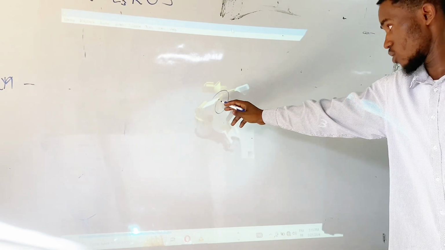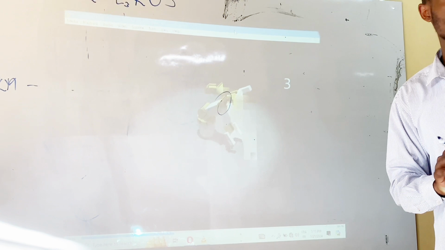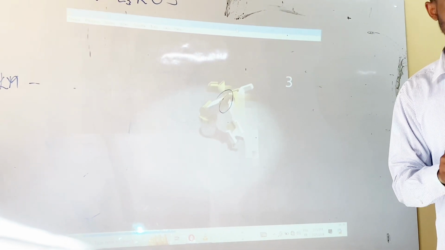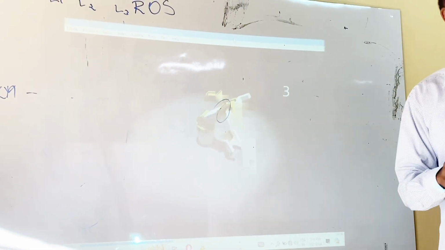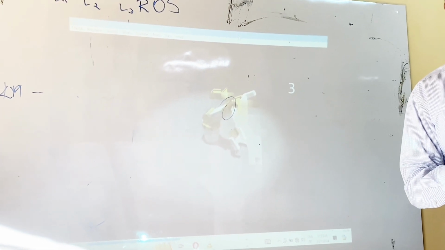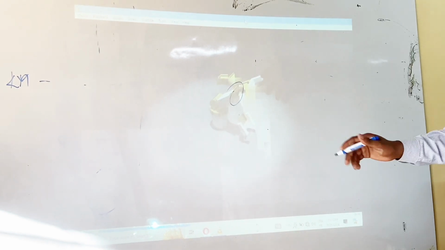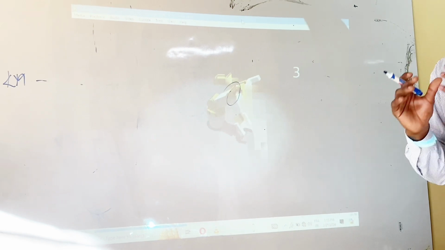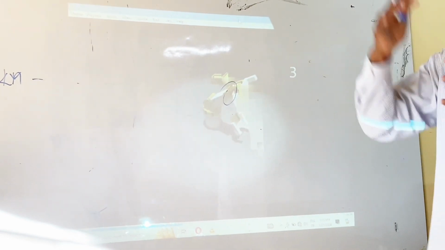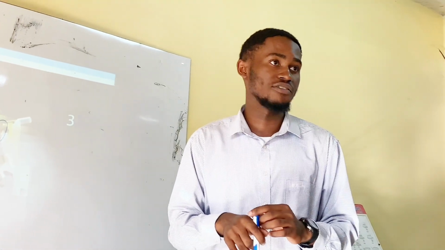I will explain a bit more. In robotics we have joints, and also joints and links. When we are talking about joints and links, all together they determine how many degrees of freedom you will have.